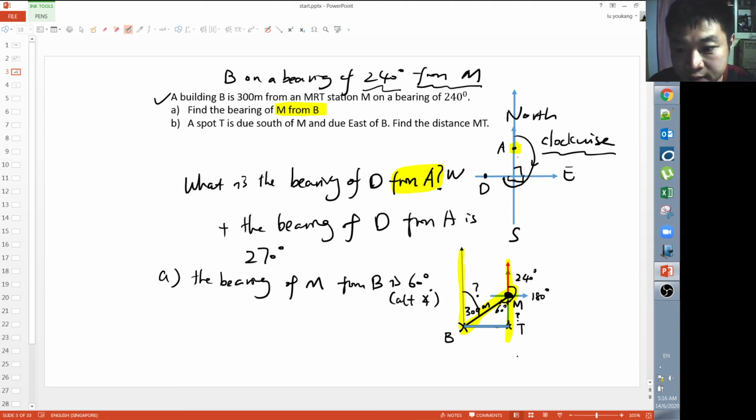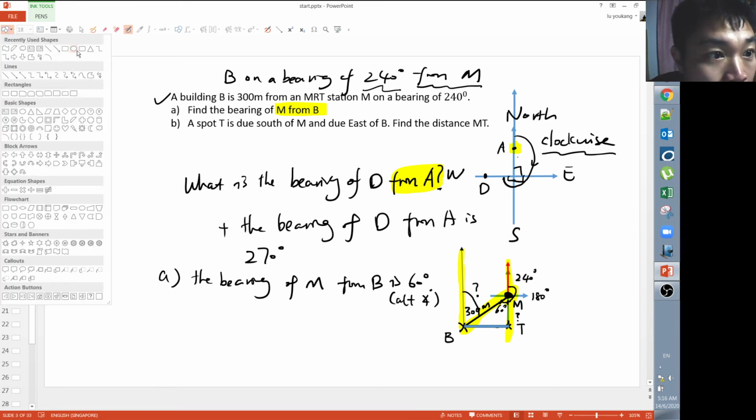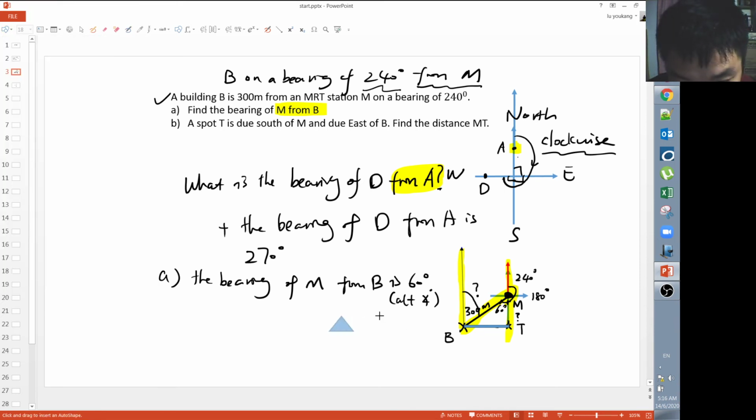If you look at this entire thing, you are actually having a right angle triangle. Let me demonstrate to you.